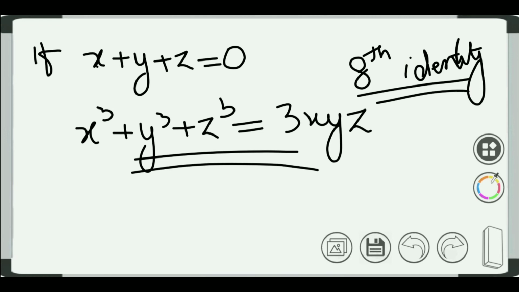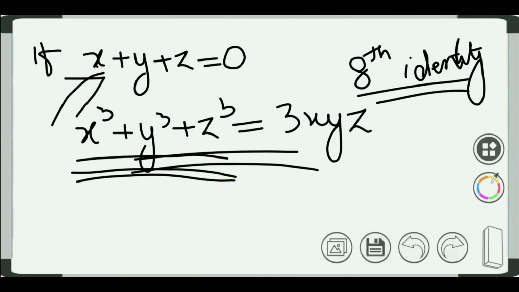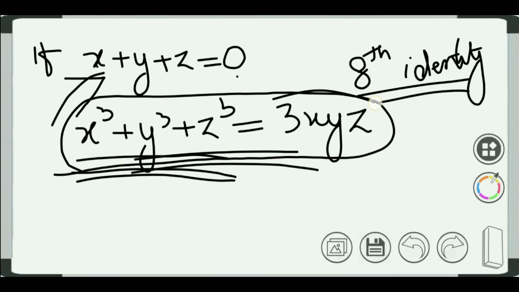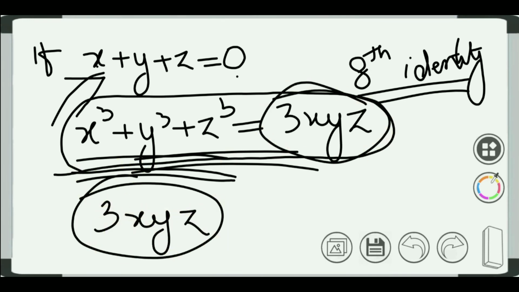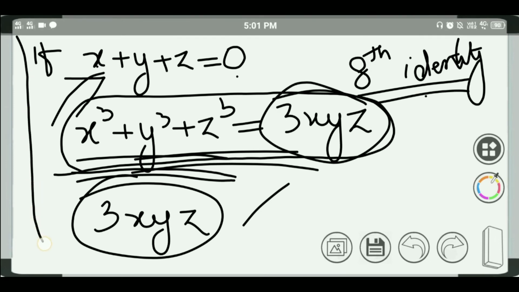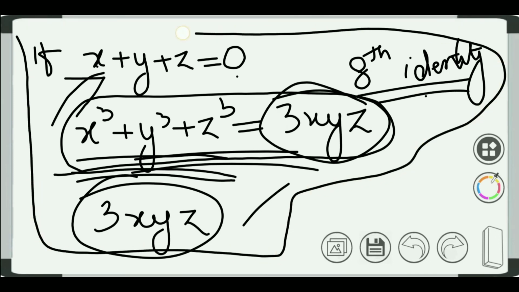So if you get any question in the form x cube plus y cube plus z cube, first check whether x plus y plus z is equal to 0 or not. If it is equal to 0, you can use this form. Just find 3xyz. That will be your answer. Okay, this is related to your 8th identity. So this is an important point regarding the identities.